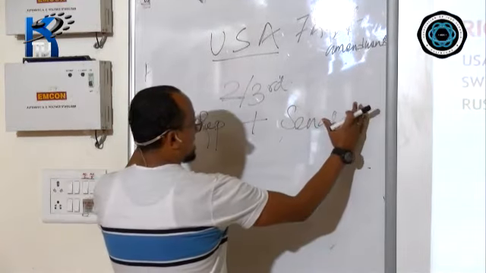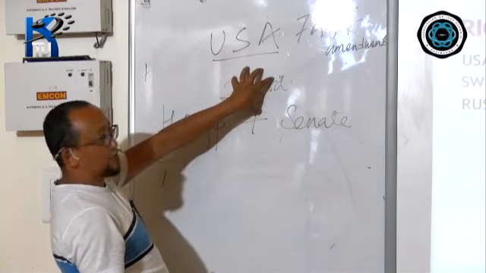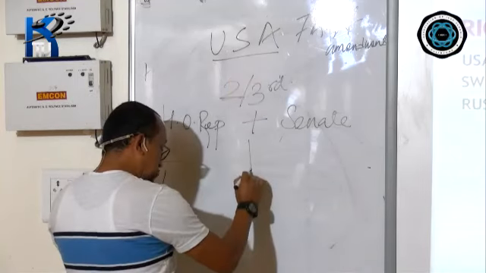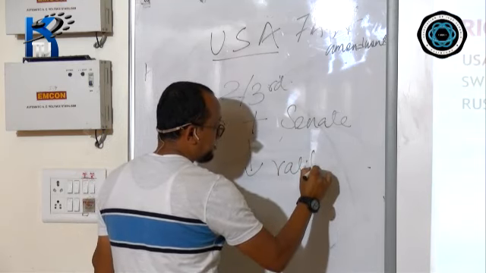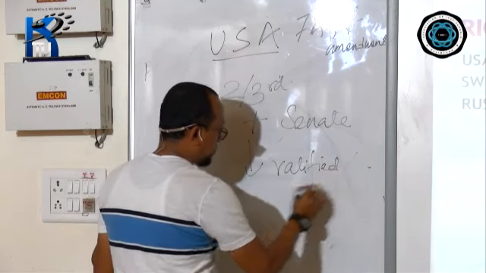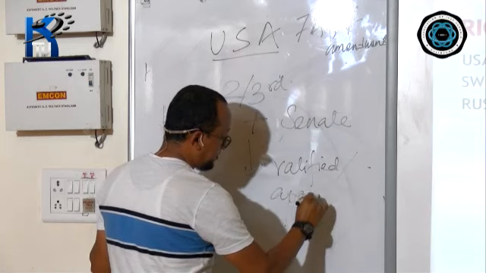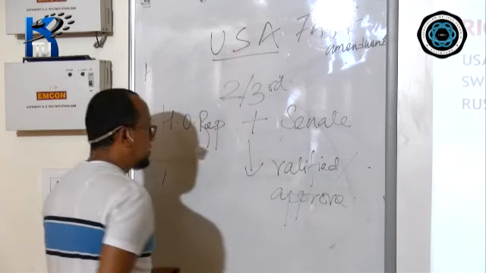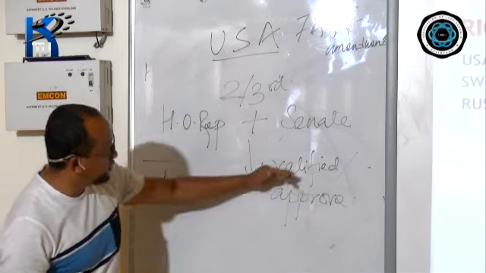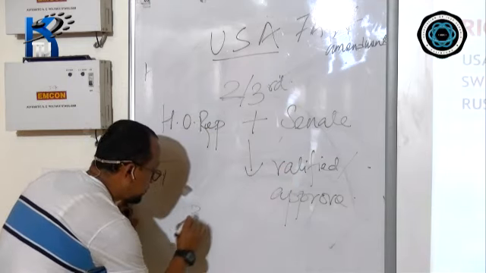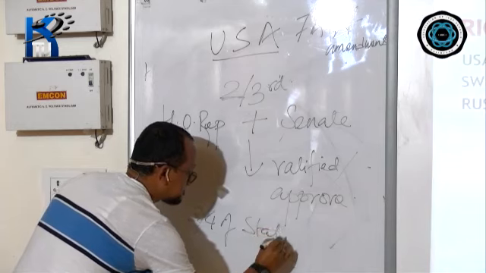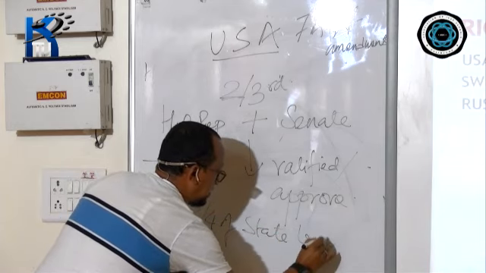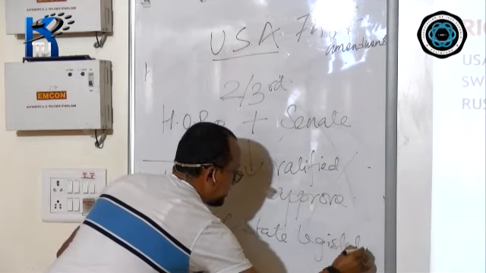After both the houses have passed the resolution by the majority of 2/3, it has to be ratified. I'm using the term ratified, or rather, we say approved. It has to be ratified or approved by 3/4 of the state legislatures.